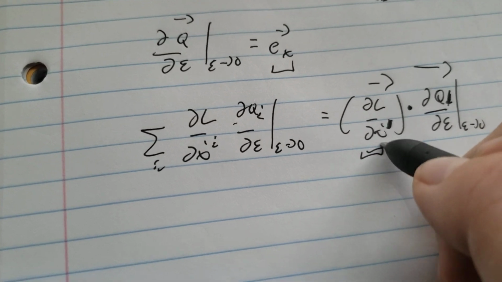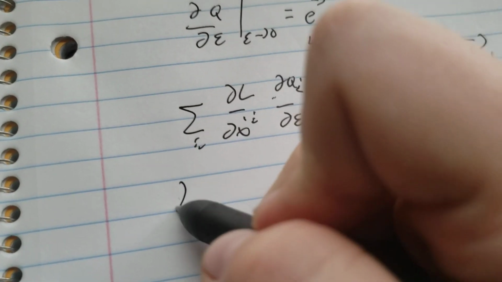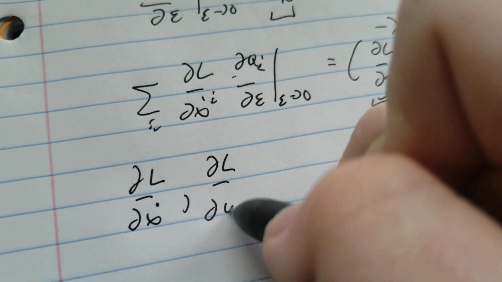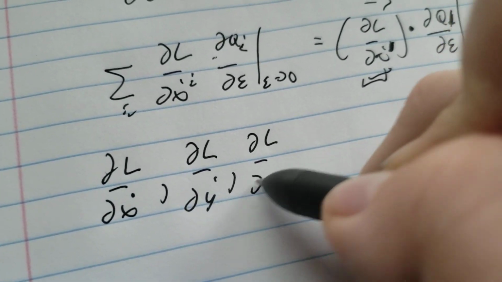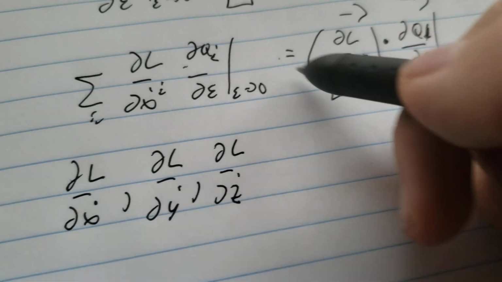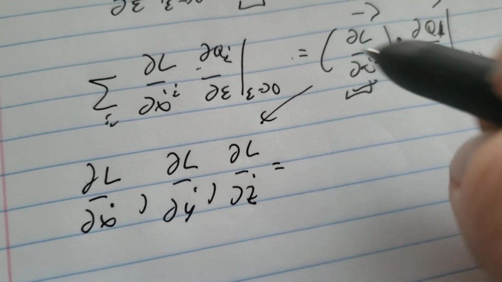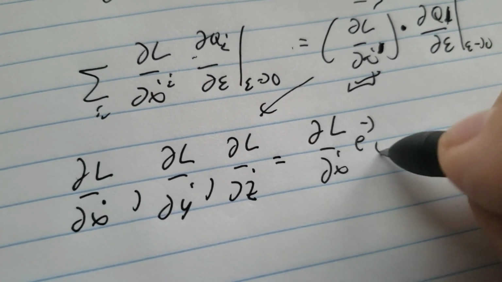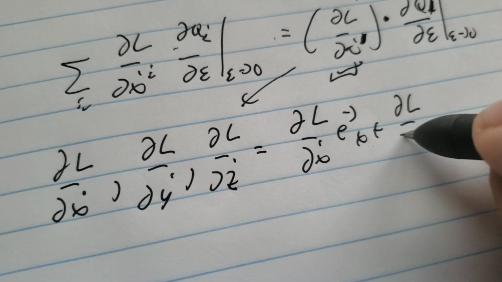And in our case, this vector is represented by that, and we can write it in terms of the basis vectors.